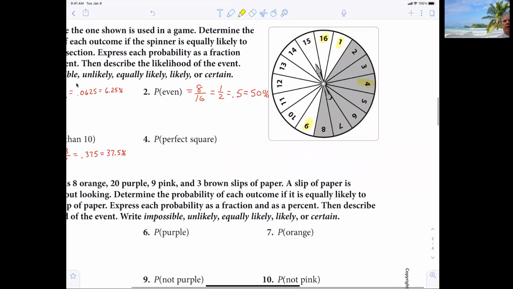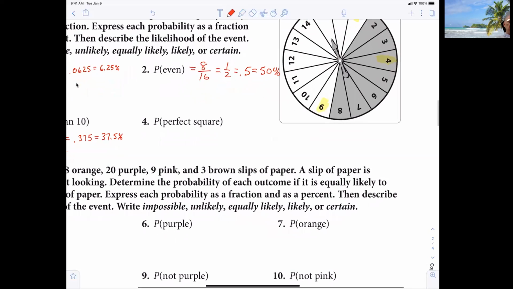So you get number 4 now. Tell me about it. 5 over 16. Why 5? Because there's 4 numbers. I'm saying, whether you're right or you're wrong, I'm going to ask you questions. All right, I want to know if you know. 4 out of 16.